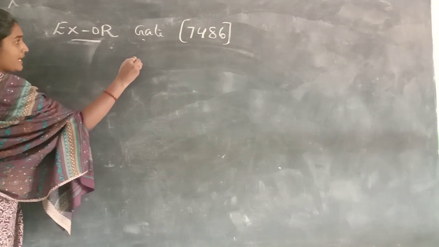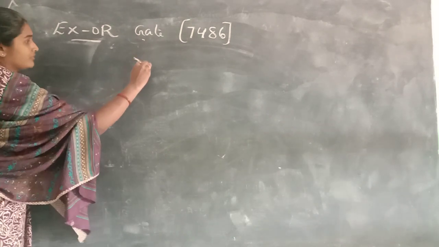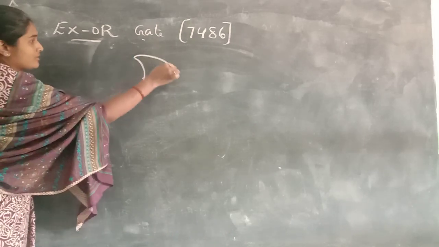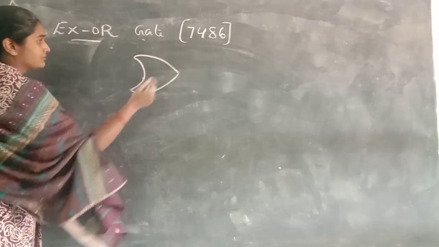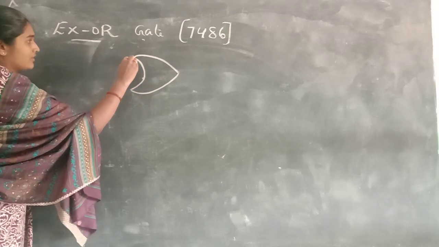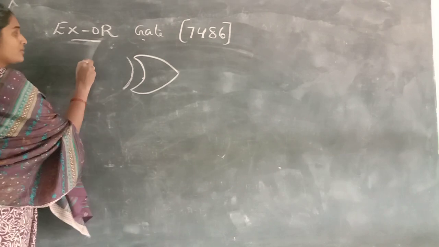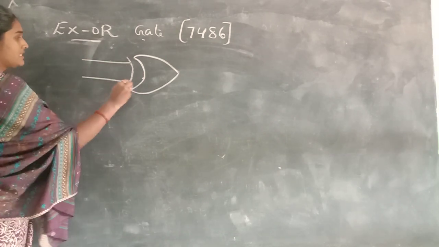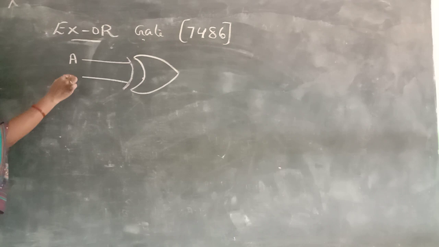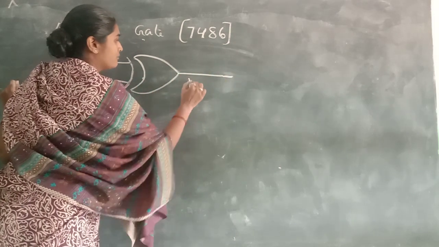Coming to the schematic symbol of the XOR gate, the exclusive OR gate: first you draw an OR and next an extra curve like this. It consists of two inputs A, B, and it has only one output.